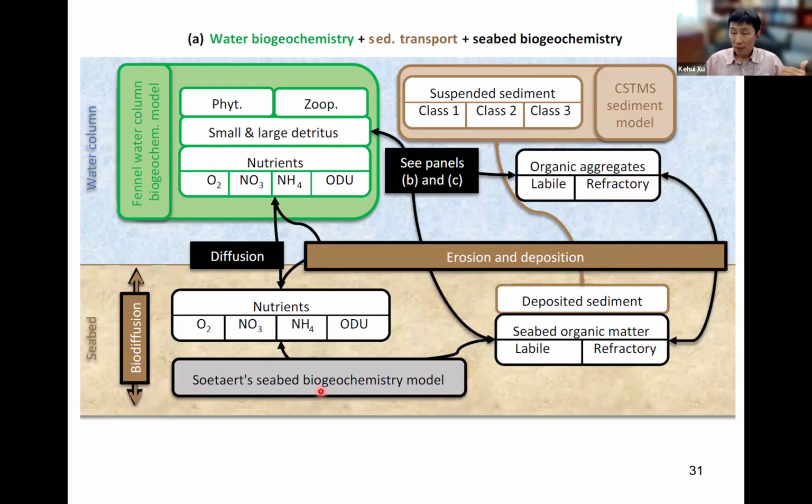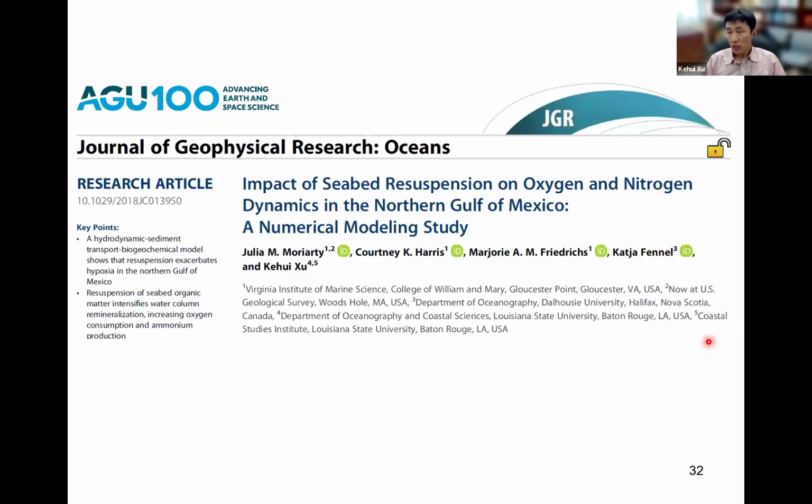And then the seabed biogeochemistry model was developed by Sotars et al. Julia's effort was mainly to couple models 1, 2, and 3 together so that we can track what's going on in the water and what's going on in the seabed. And then eventually Julia applied this model to the Northern Gulf of Mexico to look at the impact on hypoxia.